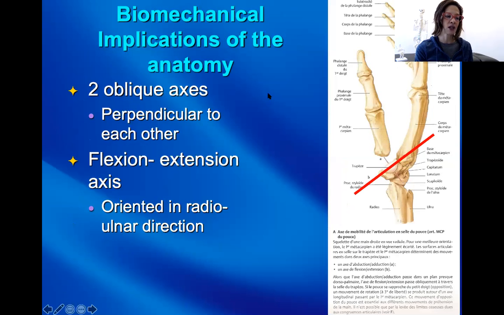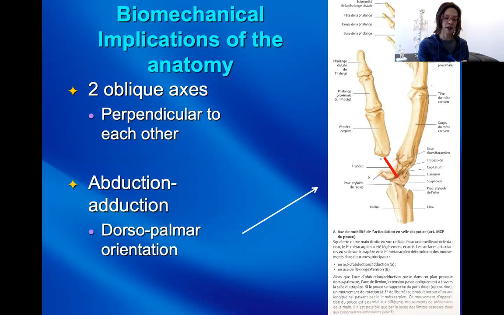The biomechanical implications. Well, if we have a pure sellar joint, and the articular surfaces are at 90 degrees to one another, this also means that the oblique axes are perpendicular to one another. So if we take our flexion and extension again, this being the dorsal of my thumb and this being the palmar, then if I want to do flexion extension, my axis has to be perpendicular to that line of movement.